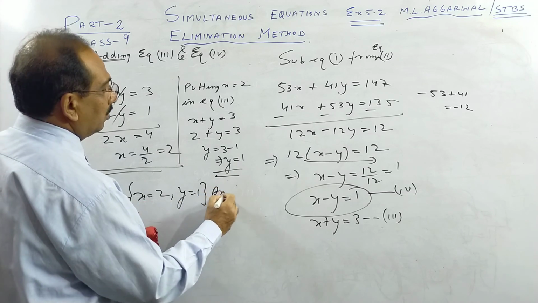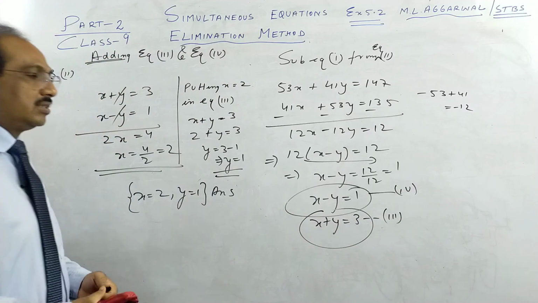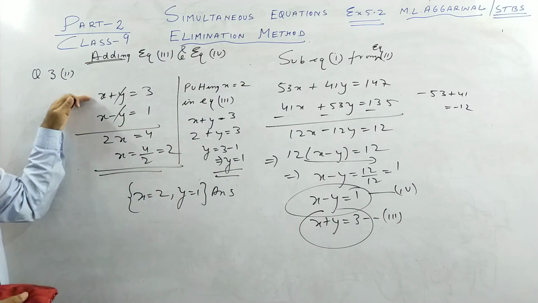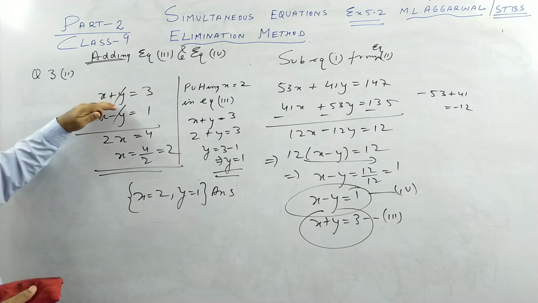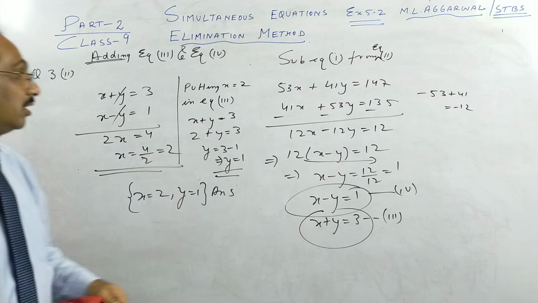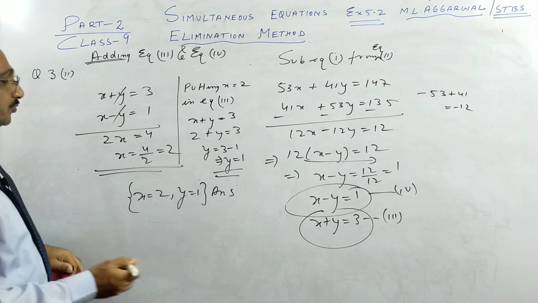So once more, we get these two equations by adding and subtracting, and we forget everything. We solve these two simple simultaneous equations. We add, y cancels, we get x, put the value of x anywhere, you get y. One last thing before we finish it off.